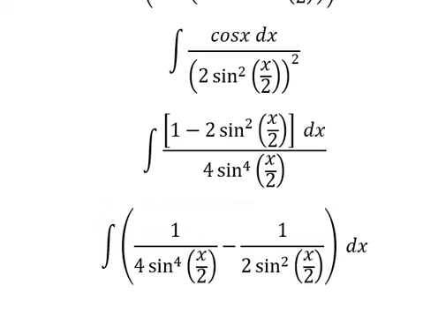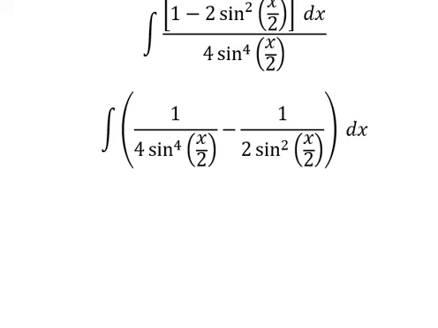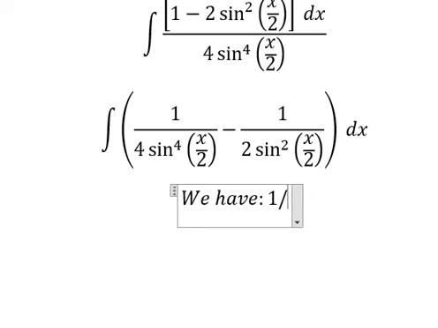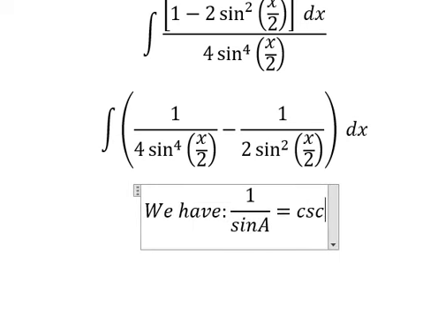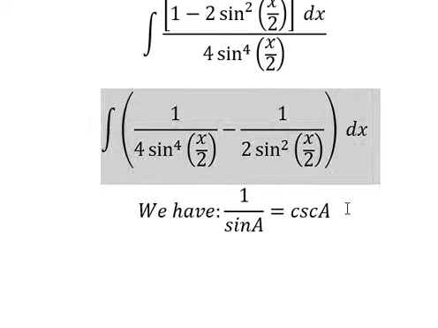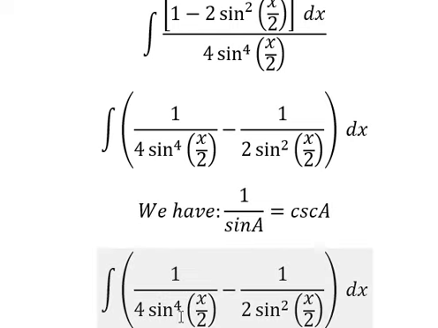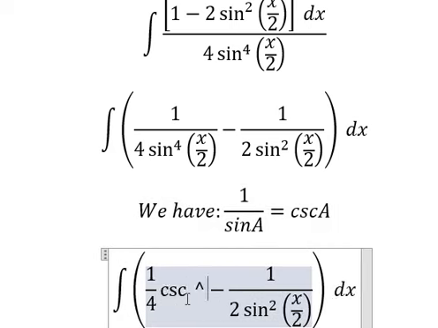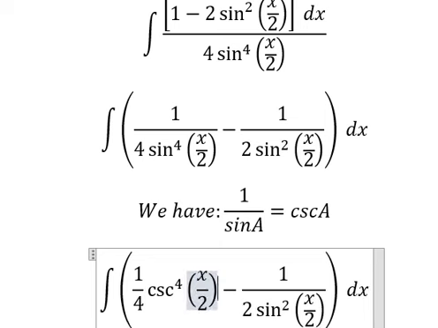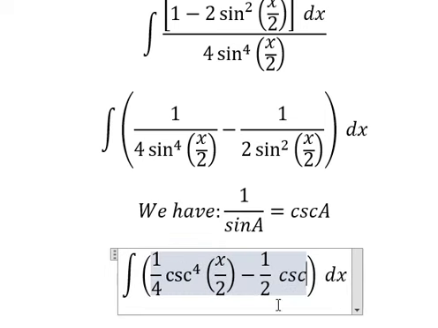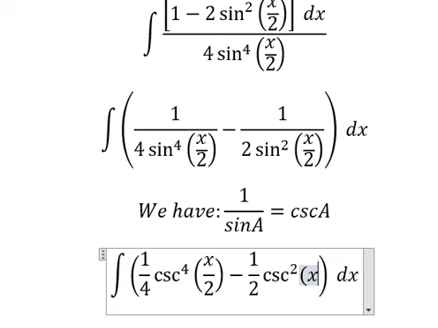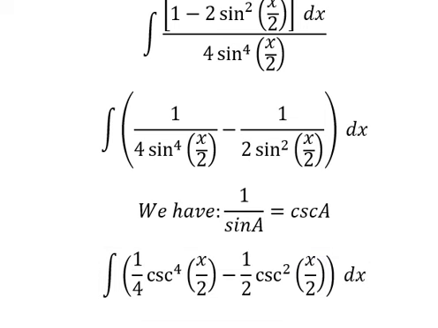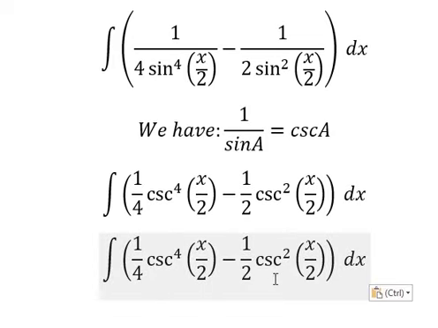Next, we have the next one. So we need to transform this one into this one. Next, we can do factorization by cosec of s over 2 square.